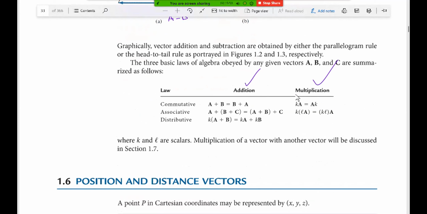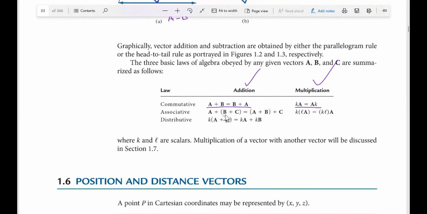Talking about the normal laws of commutative, associative, and distributive, we know that addition follows commutative rules, and equally multiplication follows the commutative law, because you can interchange the location of A or B and still get the same answer.